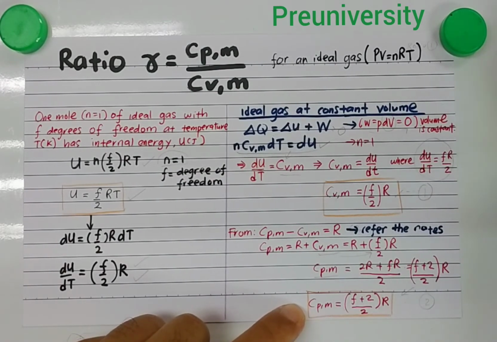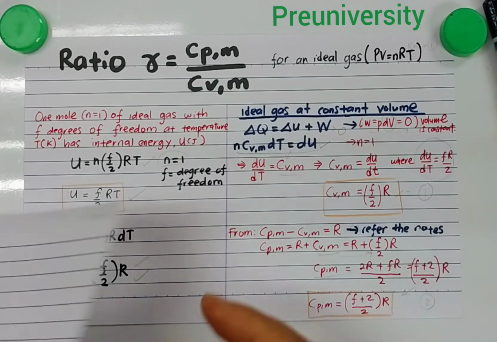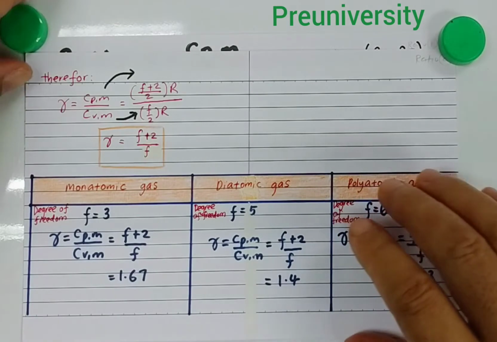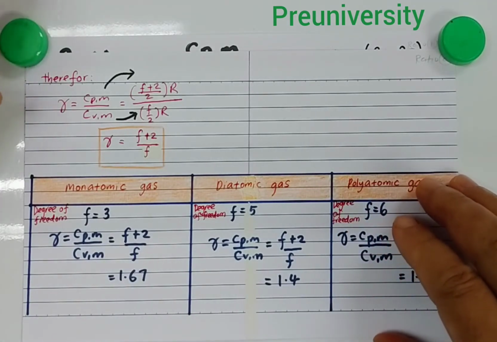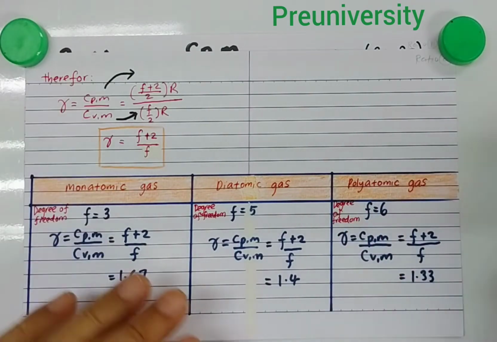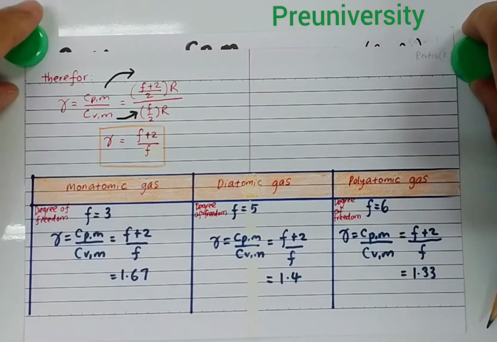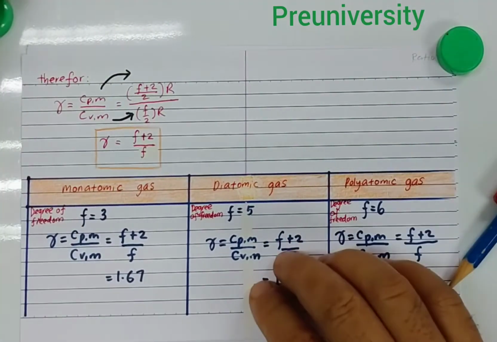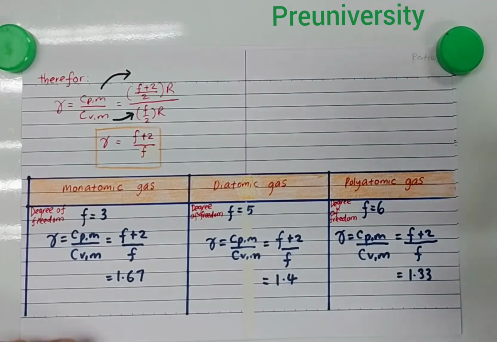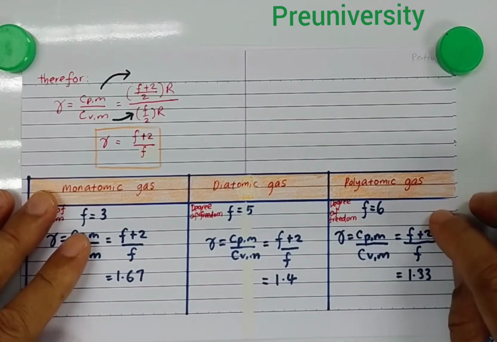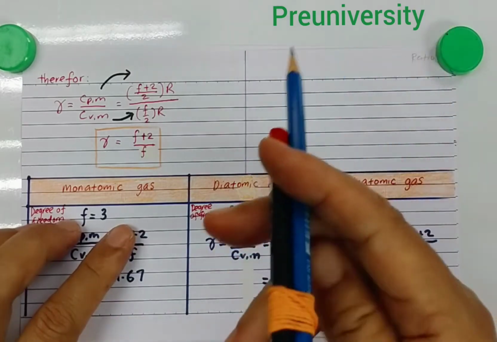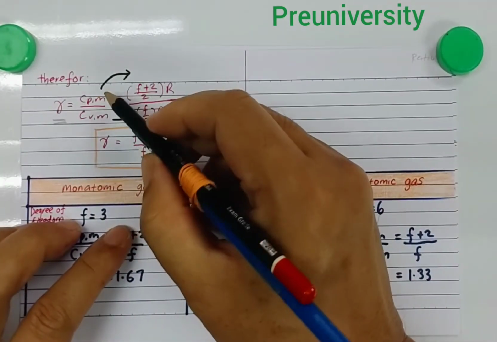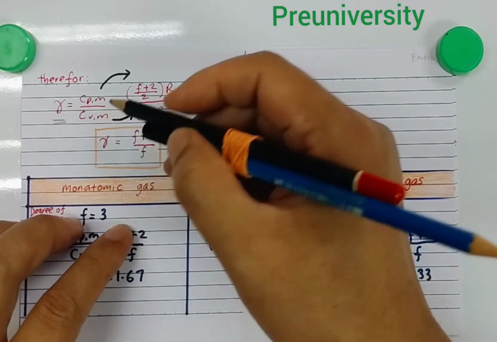So we continue and find the ratio CPM over CVM.